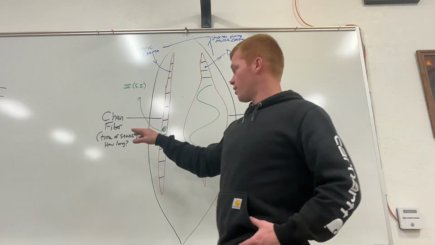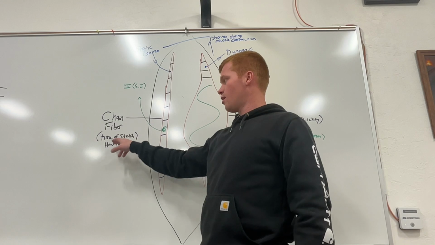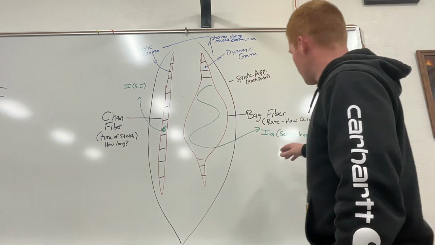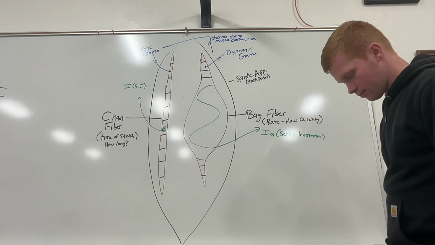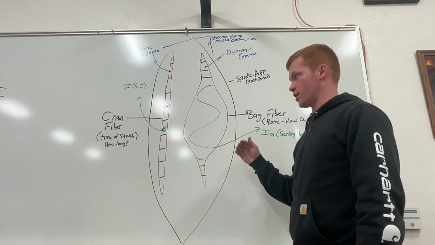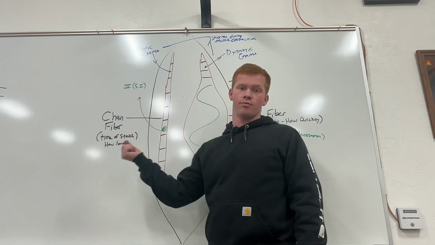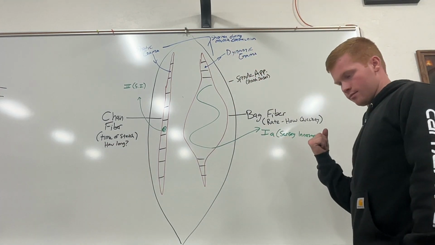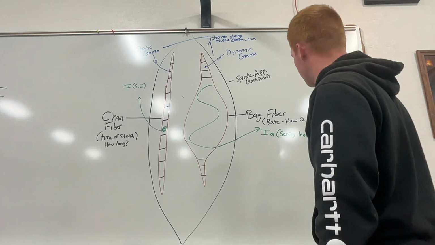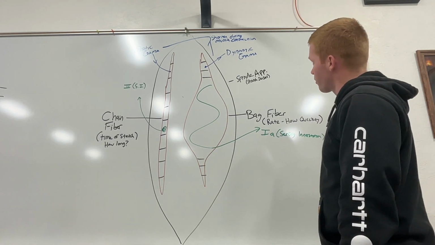But the important thing: chain fiber senses how long the stretch lasts, the duration, whereas bag fiber senses the rate, how quickly it's stretching. This is for how long it's stretching, over a minute, 2 minutes, 10 seconds. Whereas this one is how quickly it's happening. Both are important.